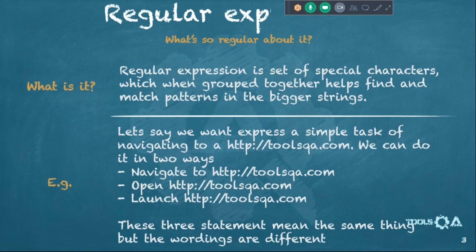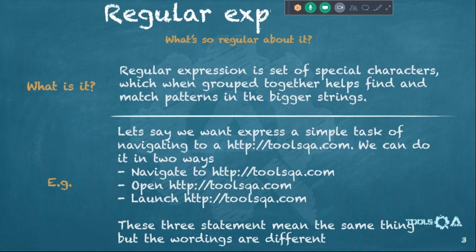So let's say you are a business user and you are about to write a Cucumber step, and in the Cucumber step you just want to describe that you want to navigate to a particular page. Now there are three ways you can do the same thing.